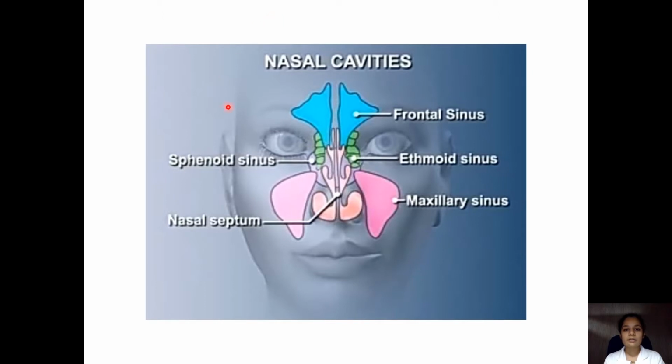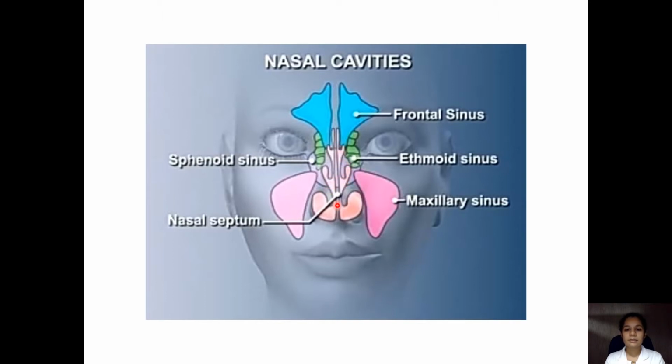This is the diagrammatic representation of our nose and paranasal sinuses. In midline, the pointer shows the septum, lateral to which are two narrow nasal cavities. There are three shelf-like bones, inferior turbinate, middle turbinate, and superior turbinate.